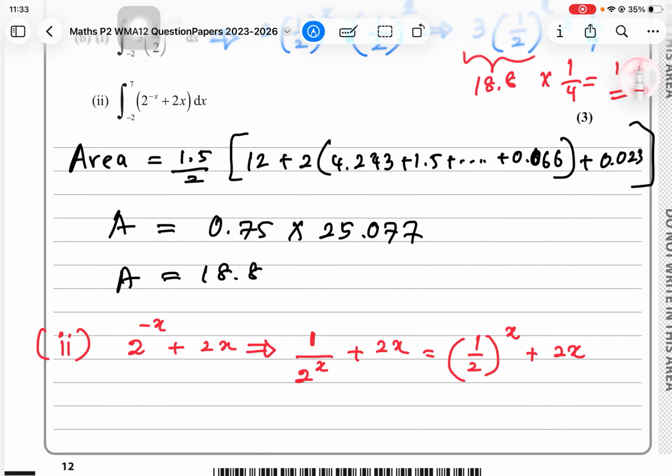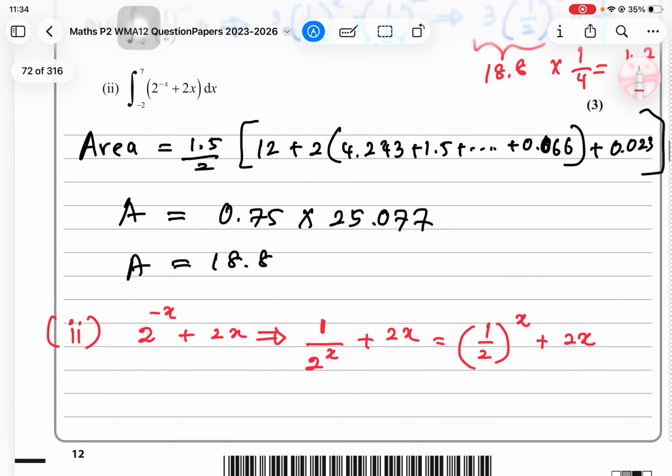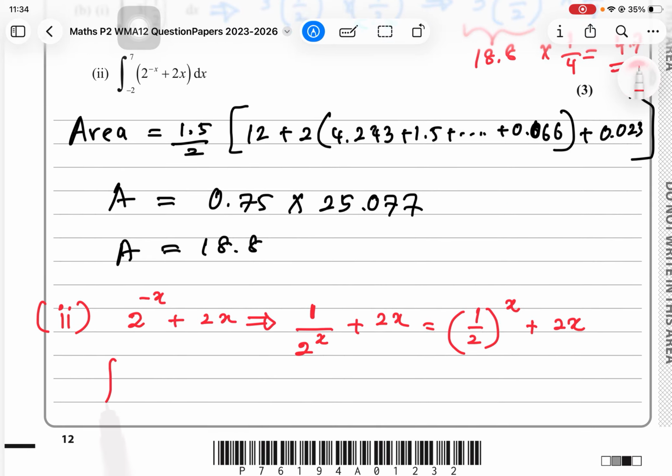Then once we got that value, our equation is 3 times of this, so we can put the integral of 1 over 3 and a 3 bracket, 1 over 2 to the power x dx, plus 2 times x dx.